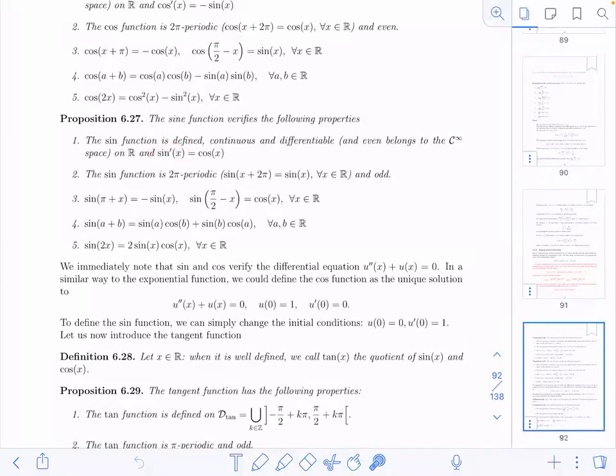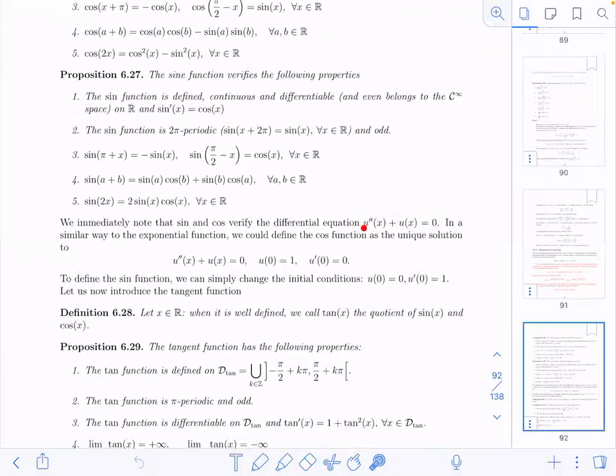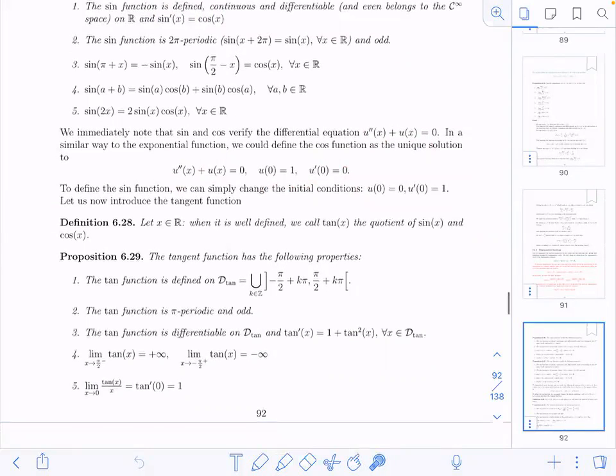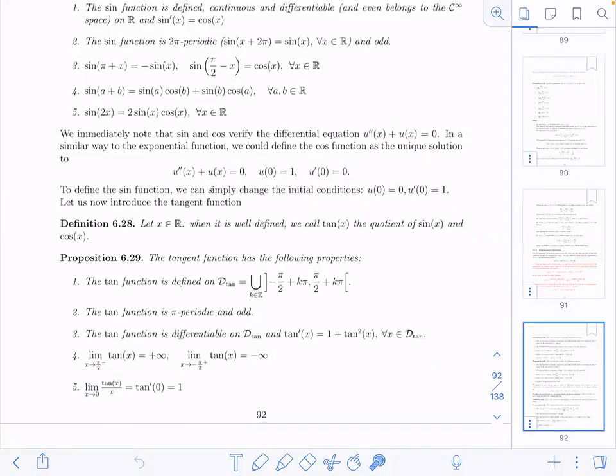If you derive sine twice and you use the derivative of cosine, you'll get the second derivative of sine equal to minus sine. So the sine function verifies this differential equation, and through similar reasoning, the cosine does too. So one other way of defining the cosine and sine function is through a differential equation. But that's just a side note.